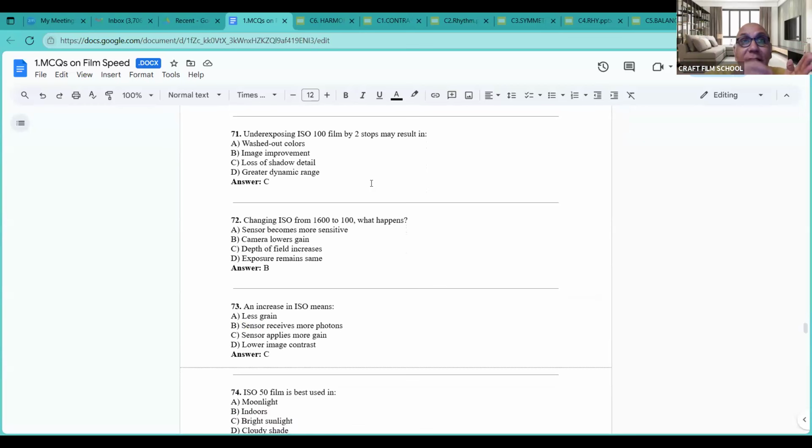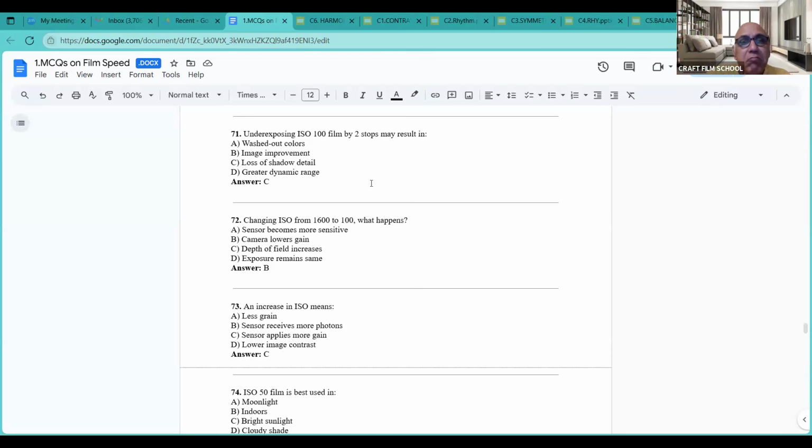No, because if you are underexposing, color will be more saturated. Try to understand. The more you overexpose, the color will become pastel. But if you underexpose, the color will become more saturated. So washed-out color will happen only when you overexpose. You are underexposing, so color will be more saturated.